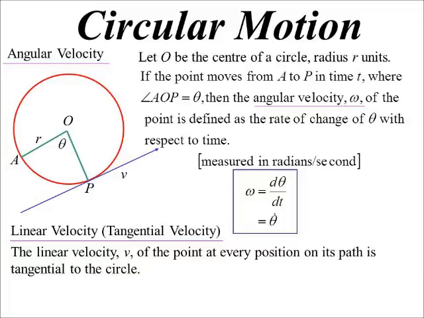Okay, so how to work it out? If I let the length of that arc be x, we remember that x is equal to the radius times theta. So x, which would be the linear displacement, how far we've moved along the curve, if I differentiate that with respect to time, that would be equal to r, which is just a constant, times d theta by dt.